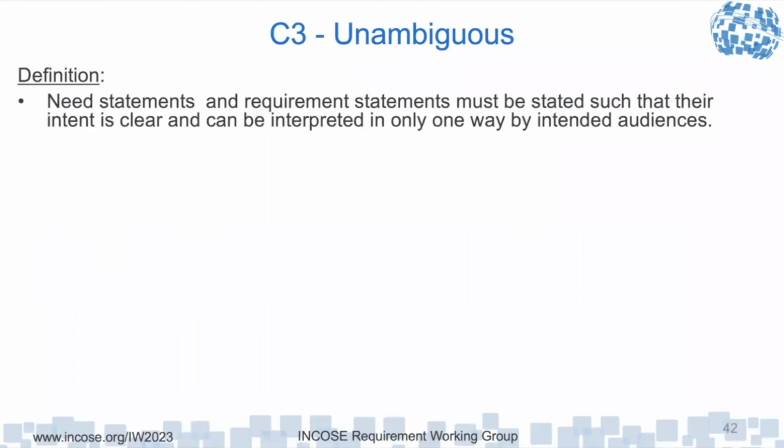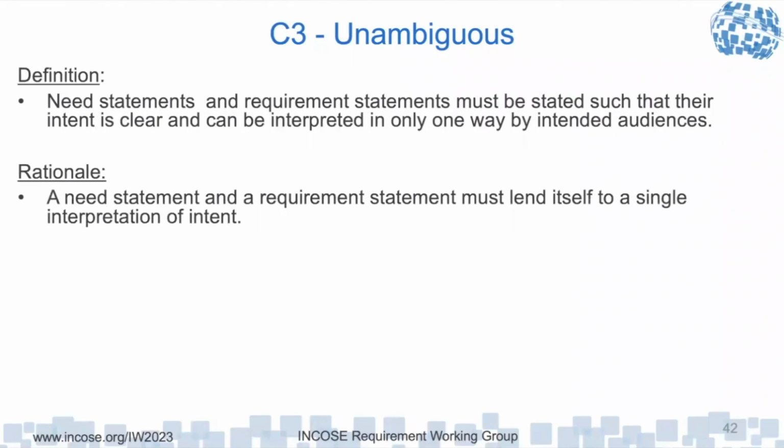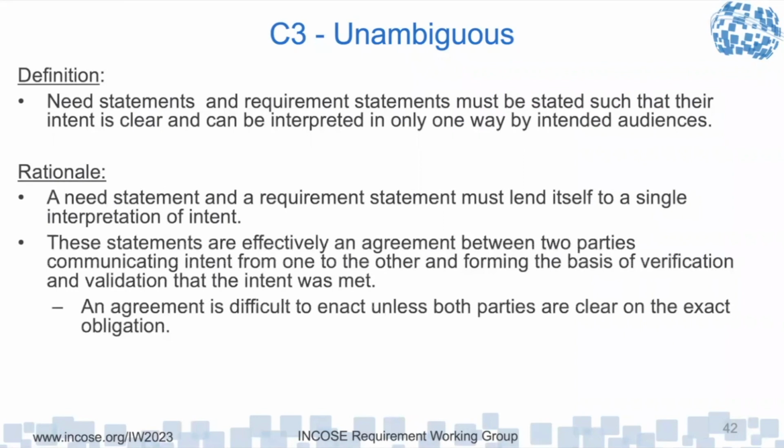These same requirements must be stated such that their intent is clear and can be interpreted in only one way by the intended audiences. Each requirement statement must lend itself to a single interpretation of intent. Statements are effectively an agreement between two parties communicating intent from one to the other, and they form the basis of verification and validation that intent was met. And the agreement is difficult to enact unless both parties are clear on the exact obligation. I'd say that's actually a lot more difficult than it sounds.